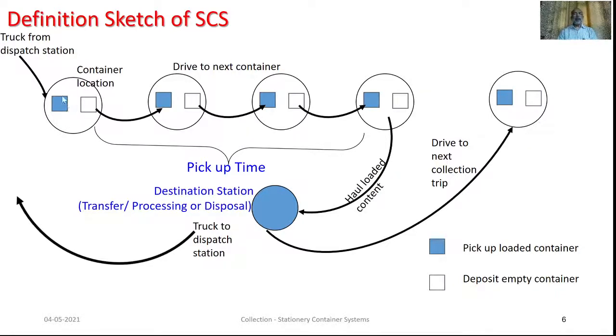The operation of picking up and emptying down will be taking place till the volumetric capacity of that particular vehicle is exhausted. After that, the vehicle will be hauled to the destination point.